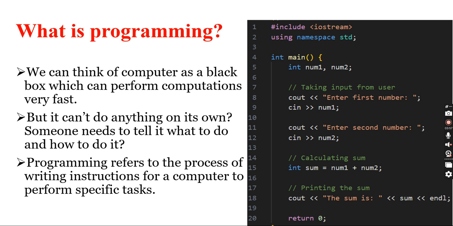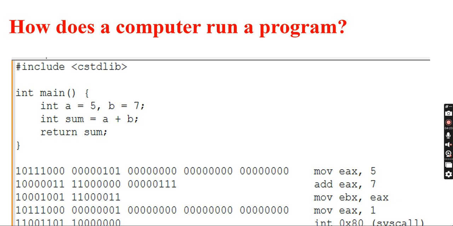We'll go over the syntax of what the first line does, the second line, and every other line in the code shortly, but this is one example of a simple C++ code which takes two numbers as input and gives their sum.